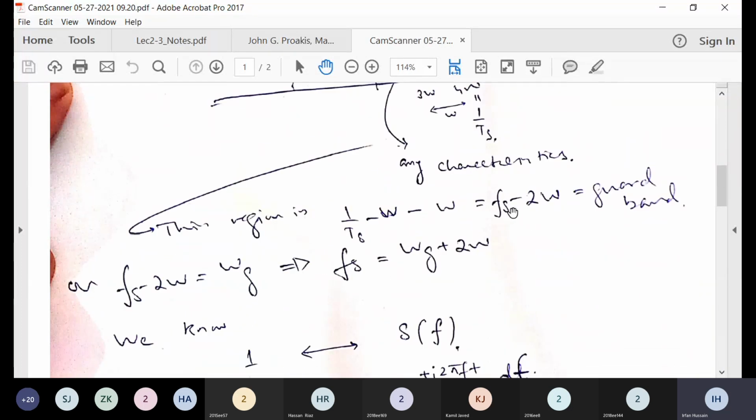This region is Fs minus 2W, which is the guard band. So guard band Wg is equal to Fs minus 2W, hence Fs must be equal to Wg plus 2W. So if you want to put a guard band of some frequency, take double the bandwidth of the signal and then add the guard band, and you will get your sampling frequency.